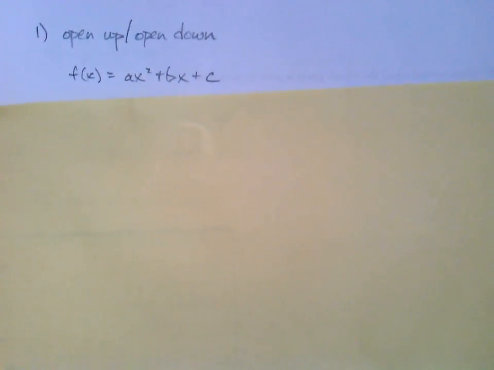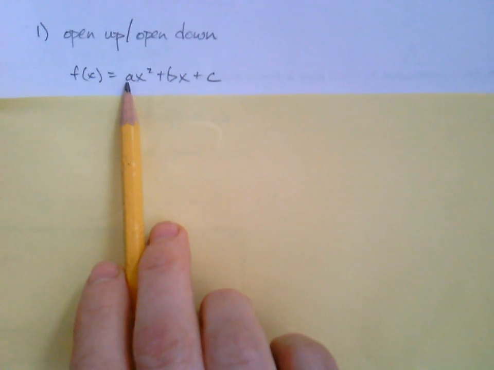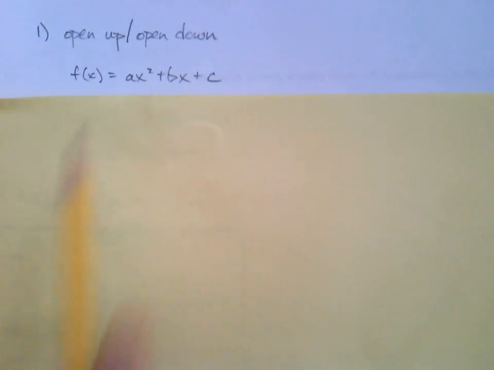Okay, so starting with property number 1, how can we identify whether our parabola opens up or down if all we have is the function f of x equals ax squared plus bx plus c? It turns out it's really simple. It's all about the value of a.